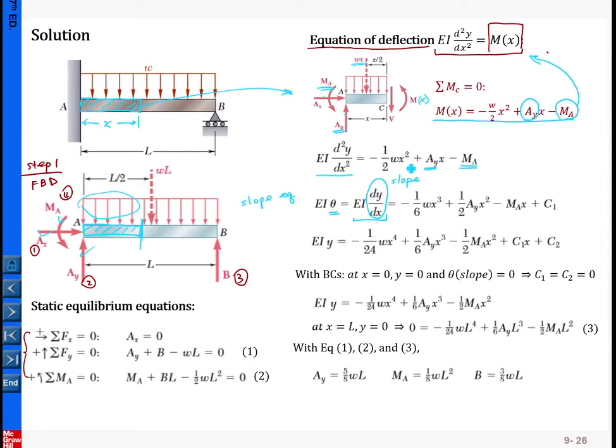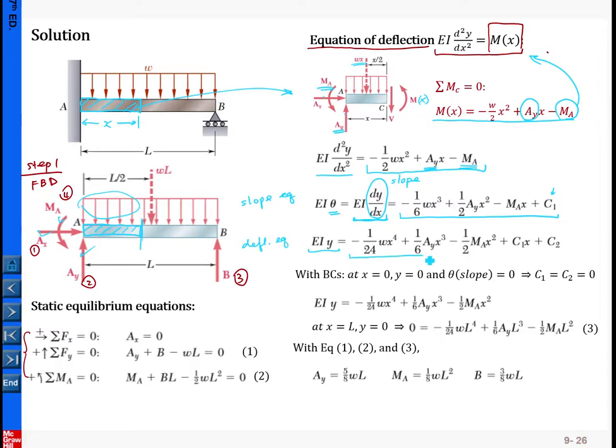So we integrate. The right hand side is the integration of this equation with respect to x, and we come up with the integration constant C1. Based upon this, we integrate one more time, and we get this one, and this is called the deflection equation.